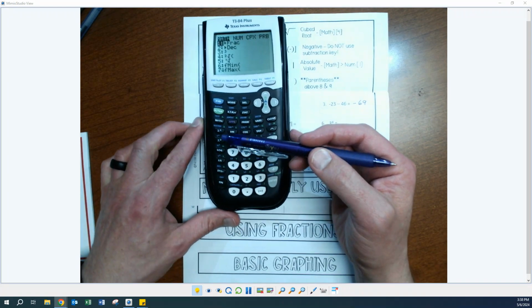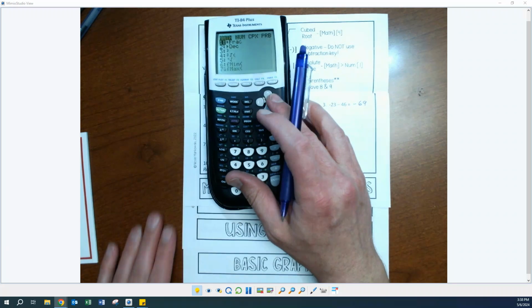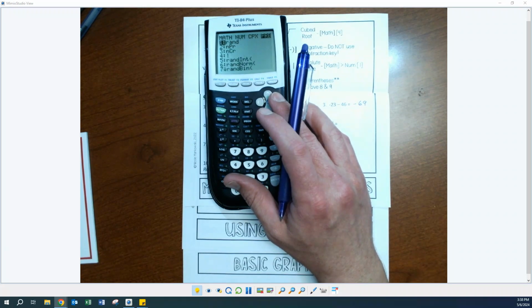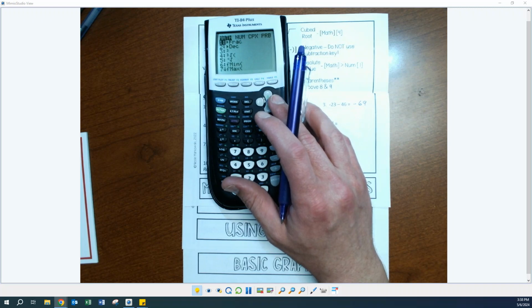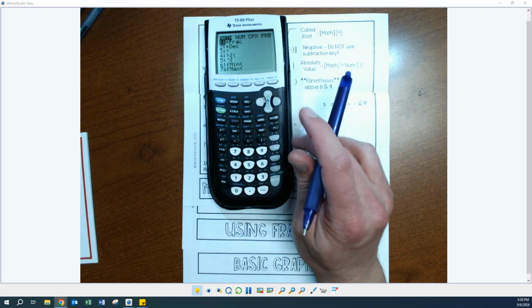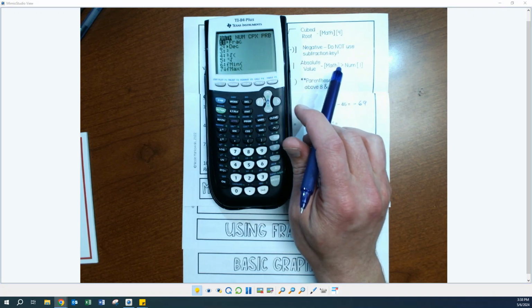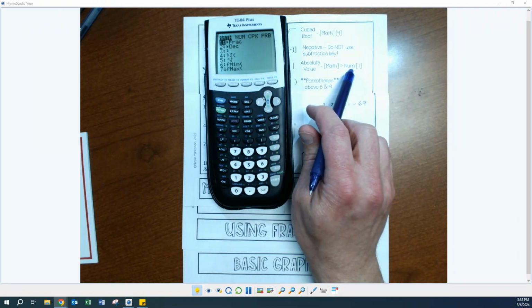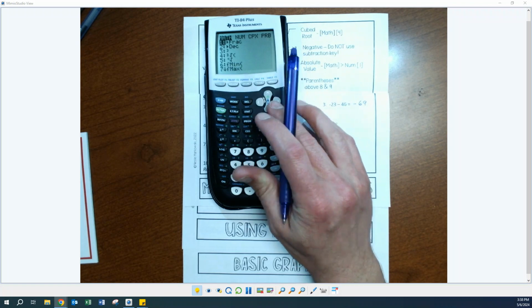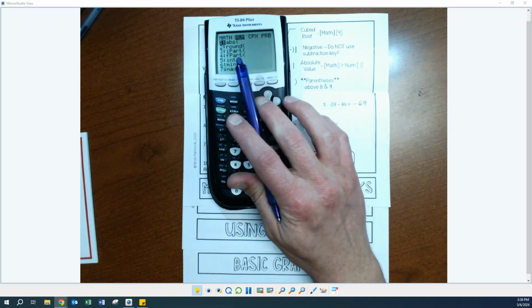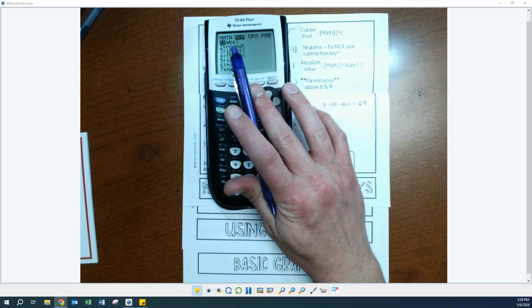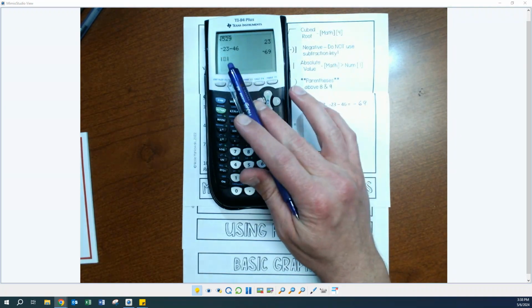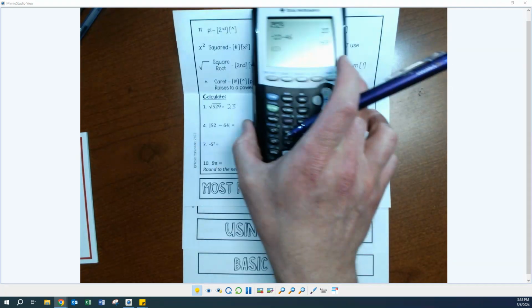It gives us this menu, which has all the different functions that this calculator can do, the majority of which you won't have to know or remember. In this case, we're looking for absolute value. So it wants us to go over to number, and it's this one, abs, for absolute value. You hit enter, and it has the absolute value function.